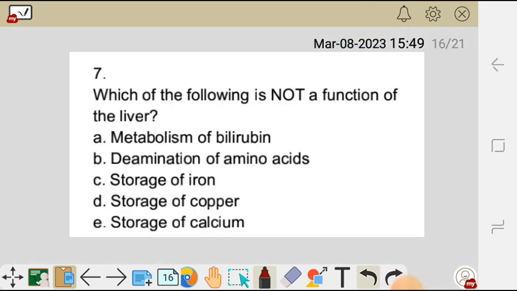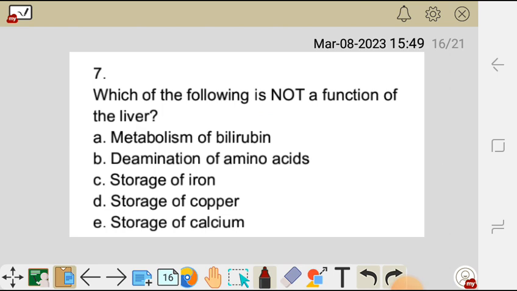We move on to question 7. Which of the following is not a function of the liver? The liver has a number of functions, but they are asking which one is not a function of the liver.